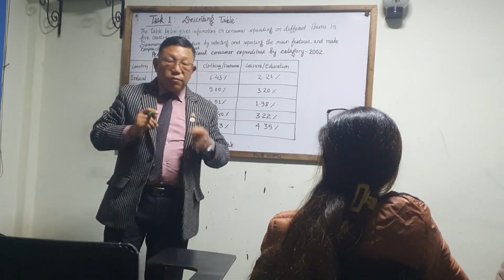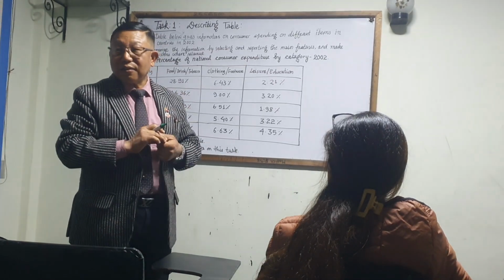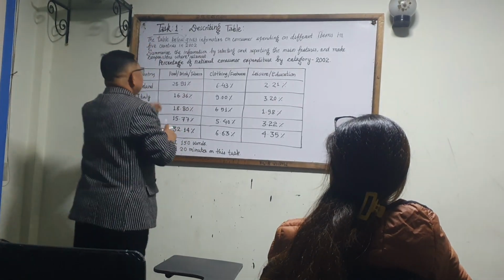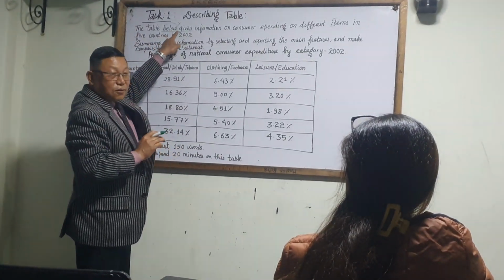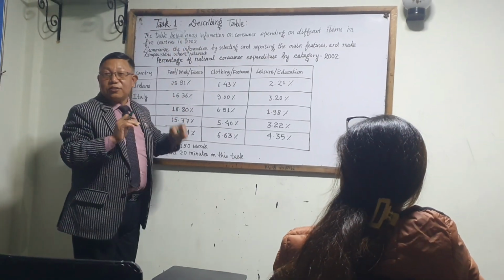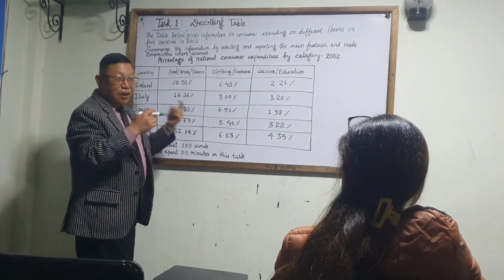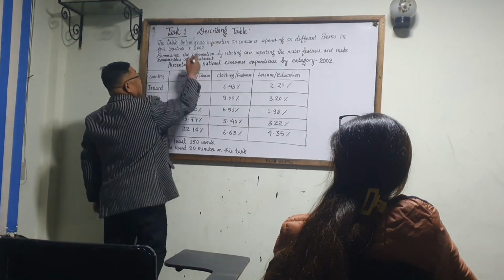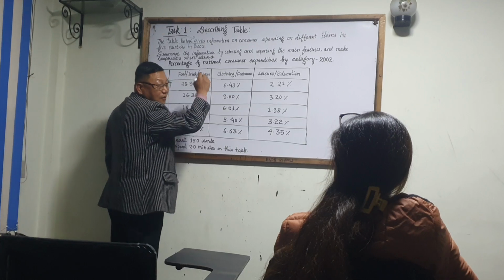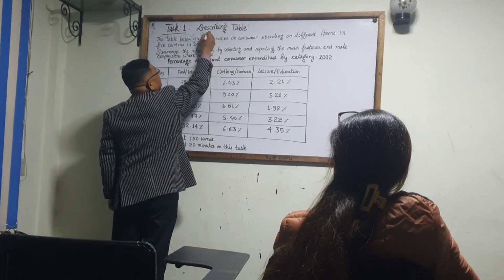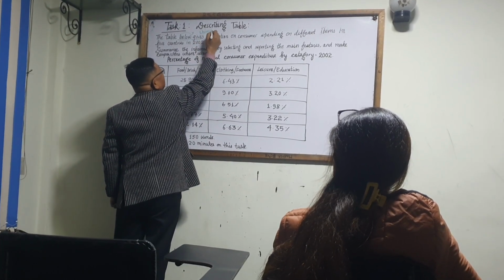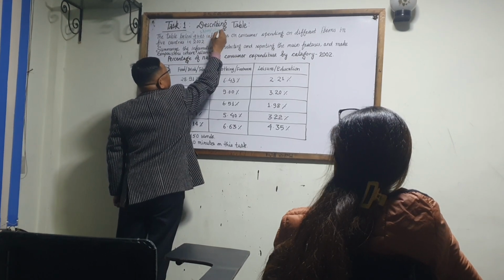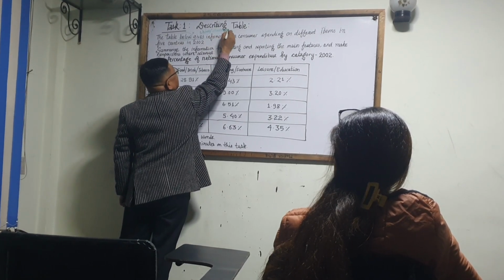Instead of "gives," you write synonyms. You don't copy the same word; you write a synonym, like "states," "shows," or "illustrates."